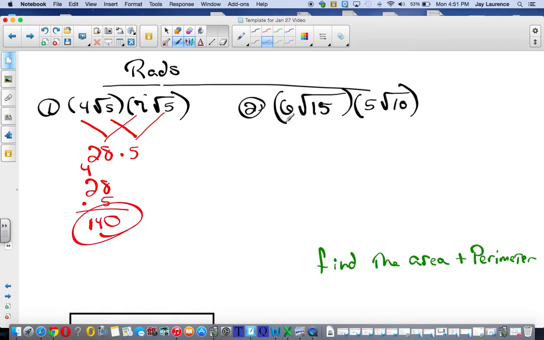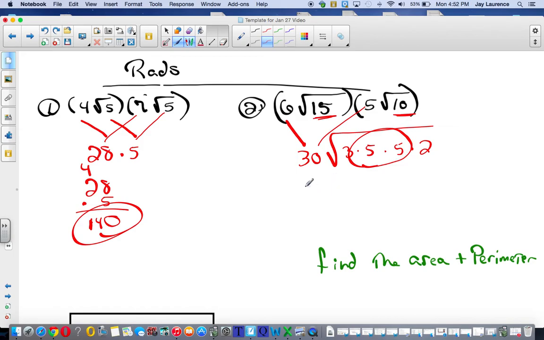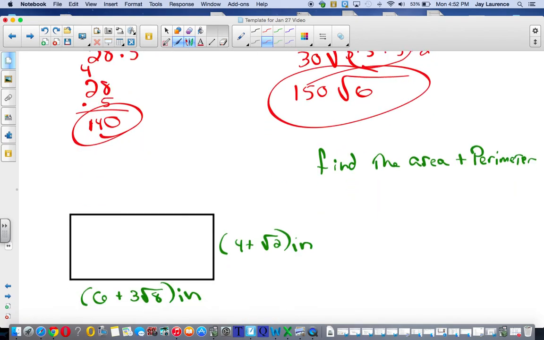Okay, over here, I got 6 times 5. Going to get 30. Rad, I'm not going to write 150 under there. I'm going to write 3 times 5. And for the 10, I'm going to write 5 times 2. The 5s are going to come out. I'm going to get 150. And inside, I'm going to get rad 6. This is child's play. This is too easy.